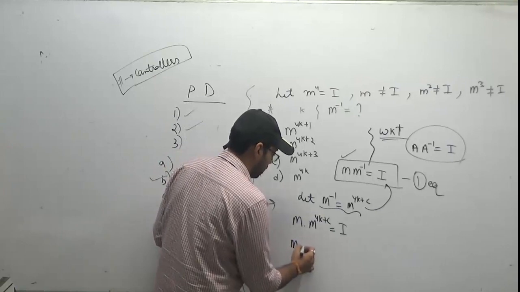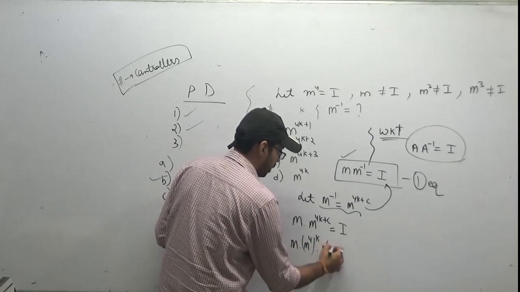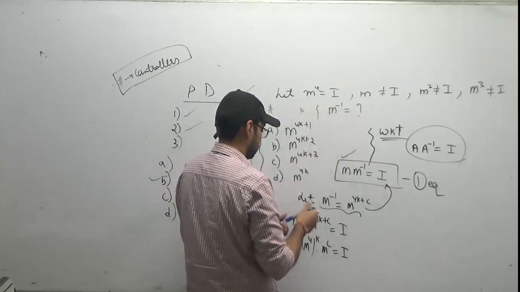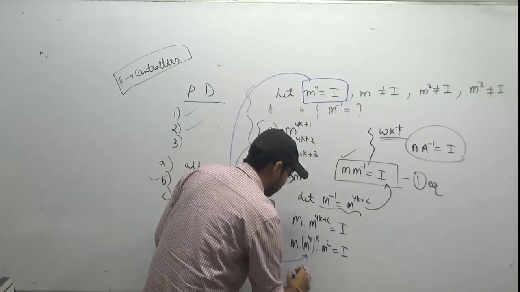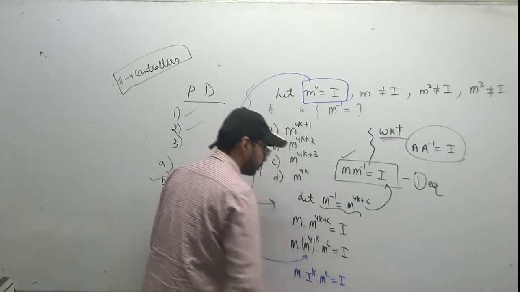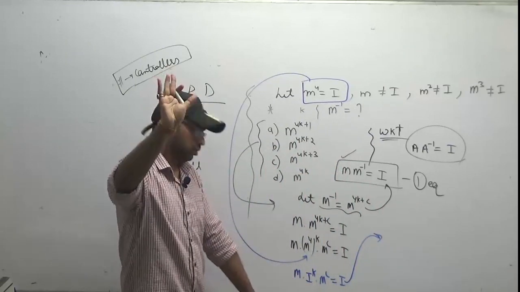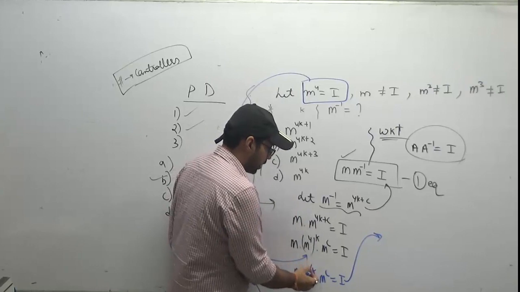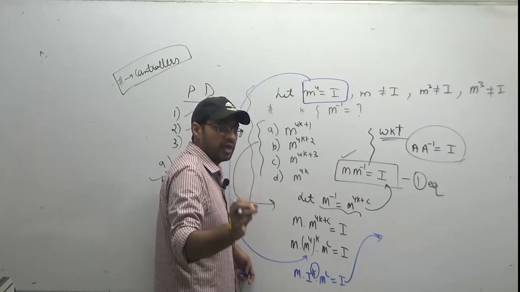Now we know that M into M power 4k into M power C is equal to I. I can write it like this, and from this equation we can put the value of this thing as I power k into M power C is equal to I. For whatever the value of k, for any value of k I will get I only, that is the identity matrix.